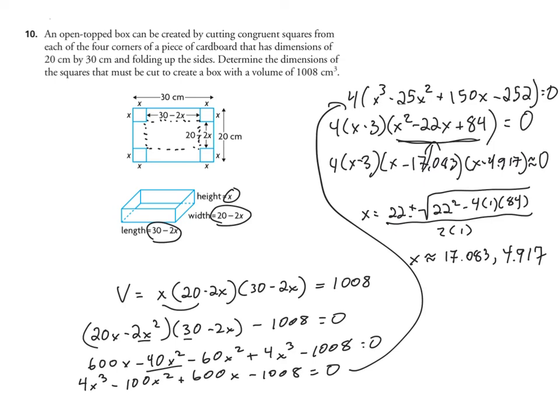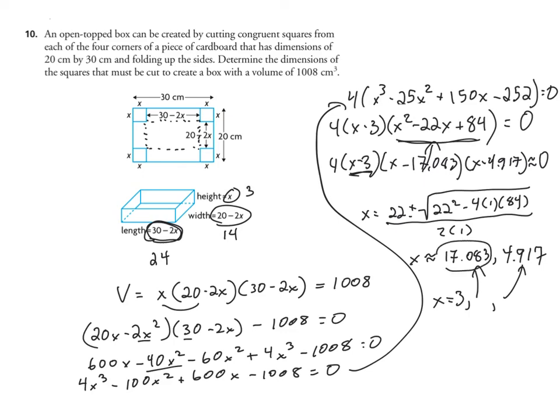So that means the side lengths, let's do for x. So I got x equals 3, comma, that, comma, that. Those are the 3 answers. For x equals 3, we have a length of 24, right? 30 minus 2 times 3. And we have a width of 14, and we have a height of 3.